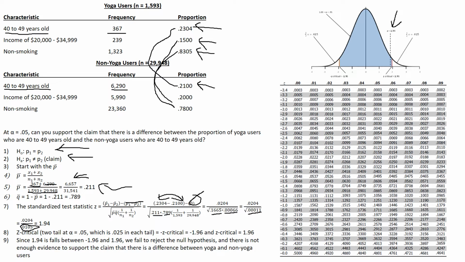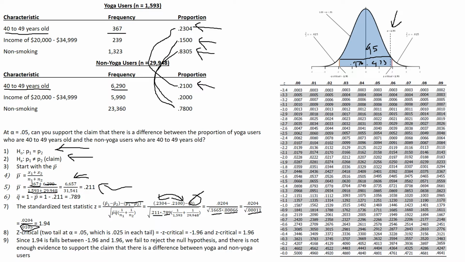They want alpha 0.05. And 0.05 means it's 0.95 in the middle here, which means it's 0.475 on both sides. So we're going down the middle, 0.475.